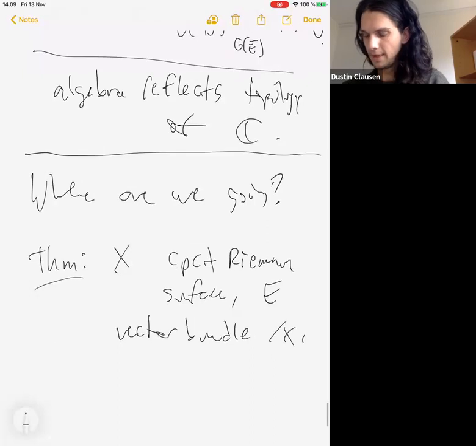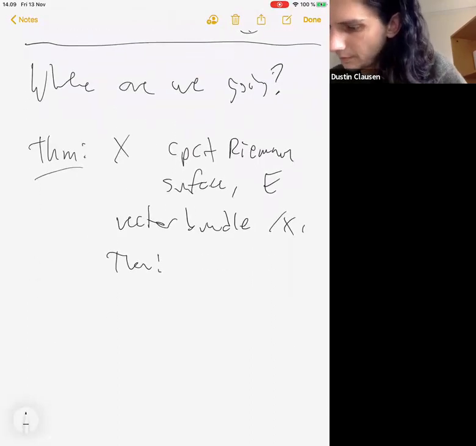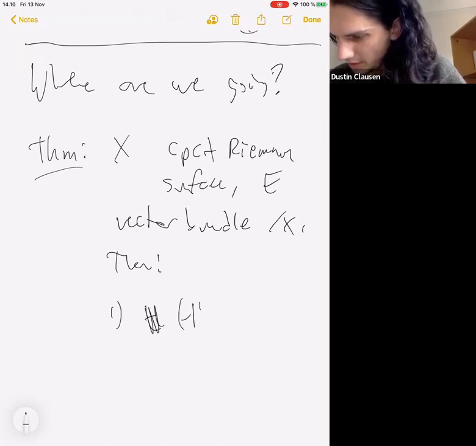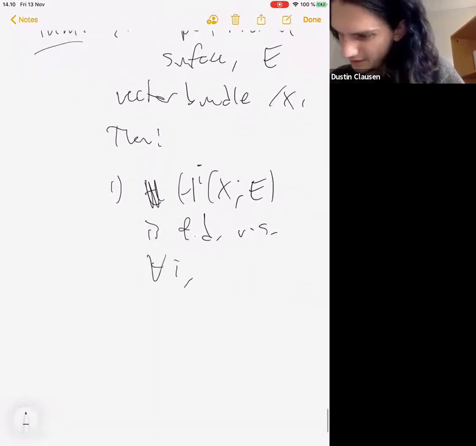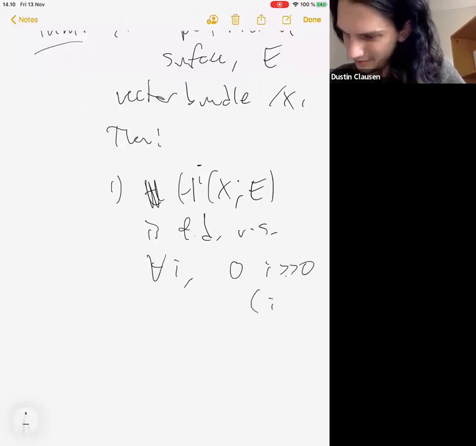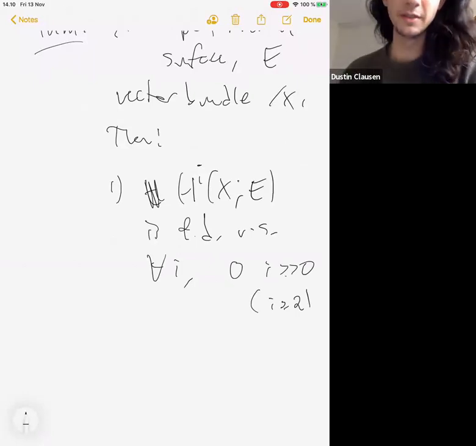Then H^i is a finite dimensional vector space for all i, and it's 0 for i big enough, but in fact, we'll see very shortly that i bigger than or equal to 2 is going to be sufficient.